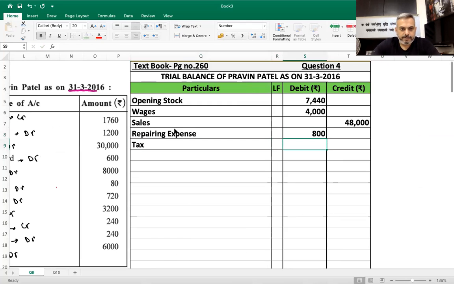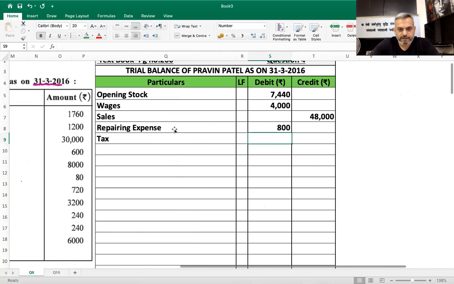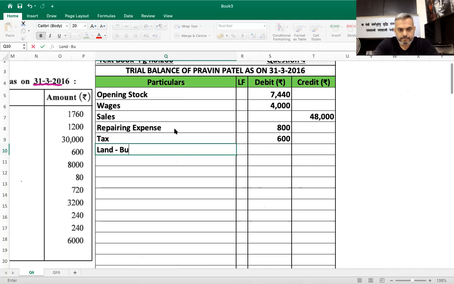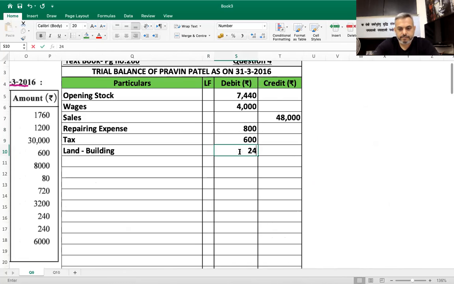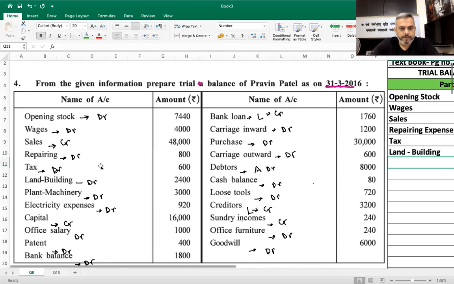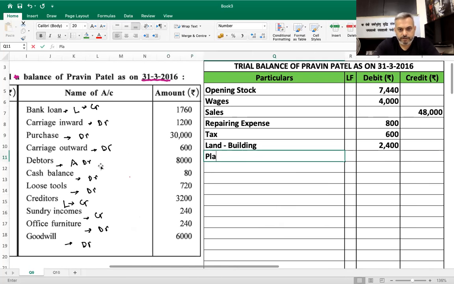Then tax, tax debit 600, then land and building is our asset, land and building 2400, plant and machinery 3000.